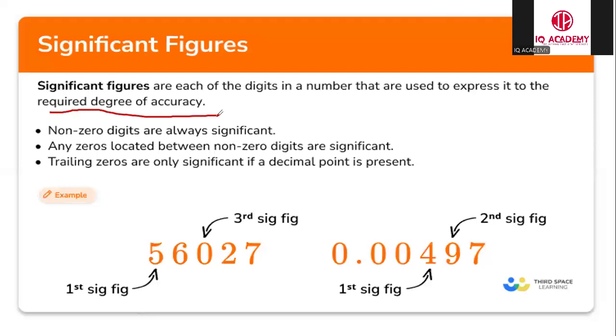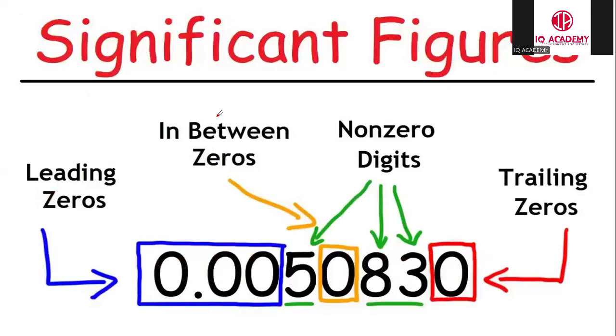And then it's very important now to talk about the rules. How do you determine, if you are given a number, that this digit in this number is significant? So we now want to look at the rules. We have, I think, 4 or 5 rules concerning significant figures.